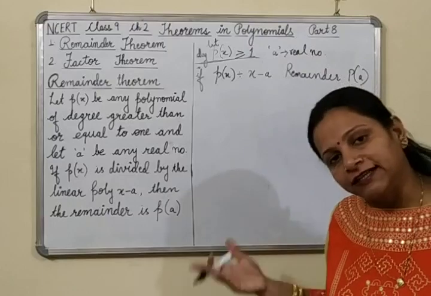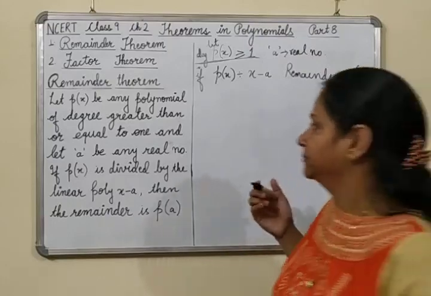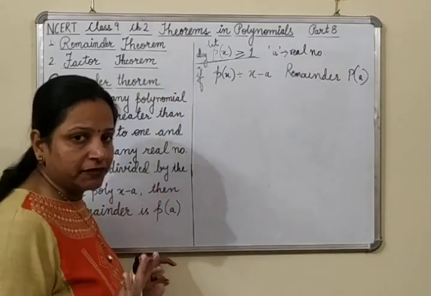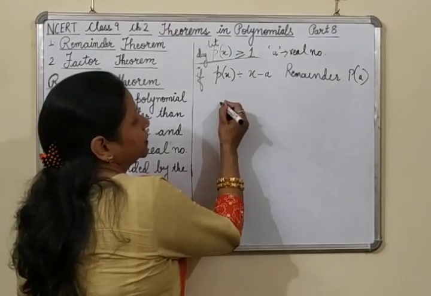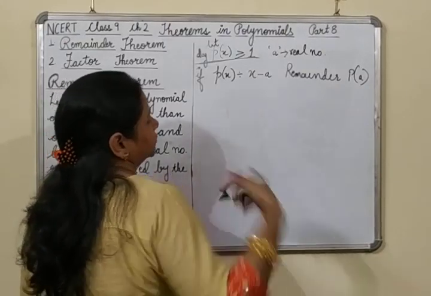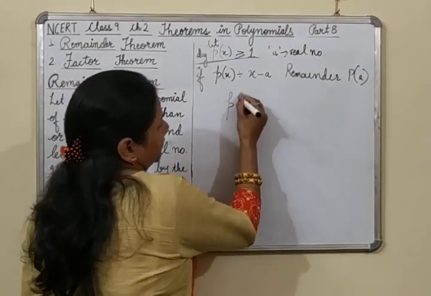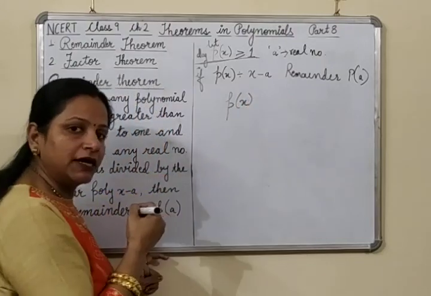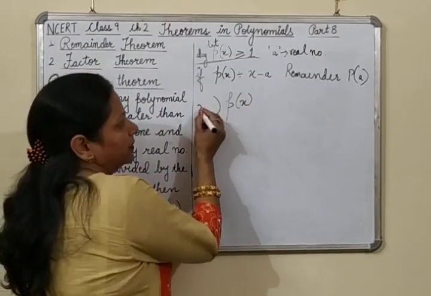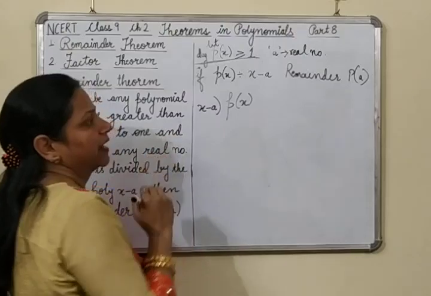थोड़ा और easy बनाते हैं इसको. चलिए कैसे? Normal division everybody knows. Now see, suppose I have a polynomial P(x), say for example, it is divided by x minus a.